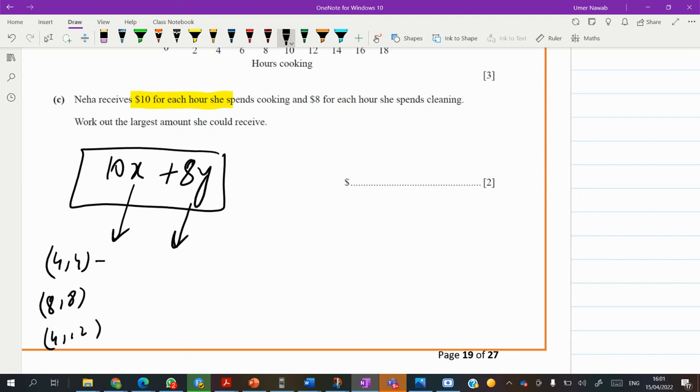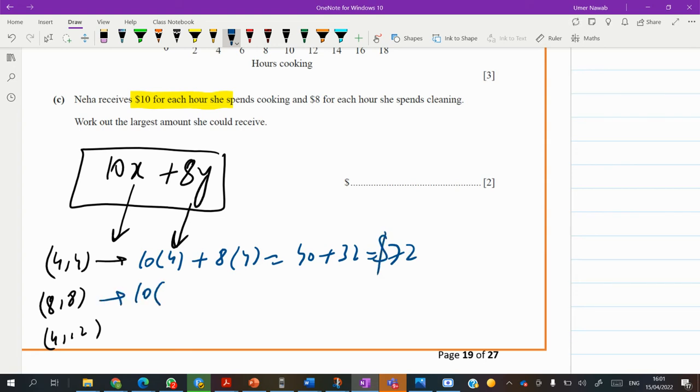So if I plug in this point, I'm going to write 10 times 4 plus 8 times 4, so 40 plus 32. So $72 she will receive.